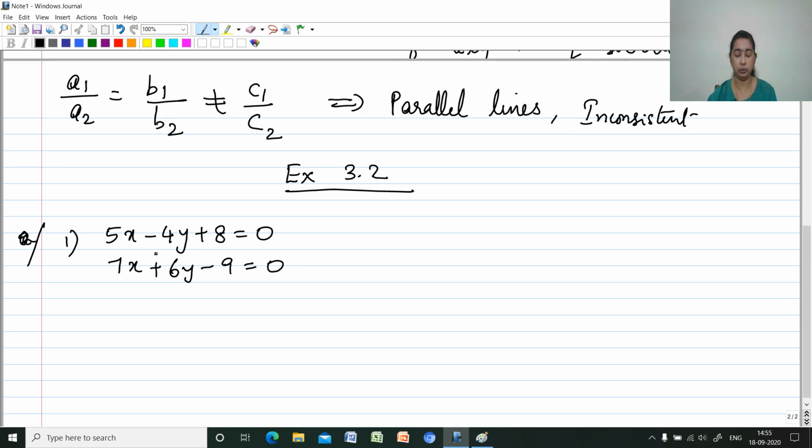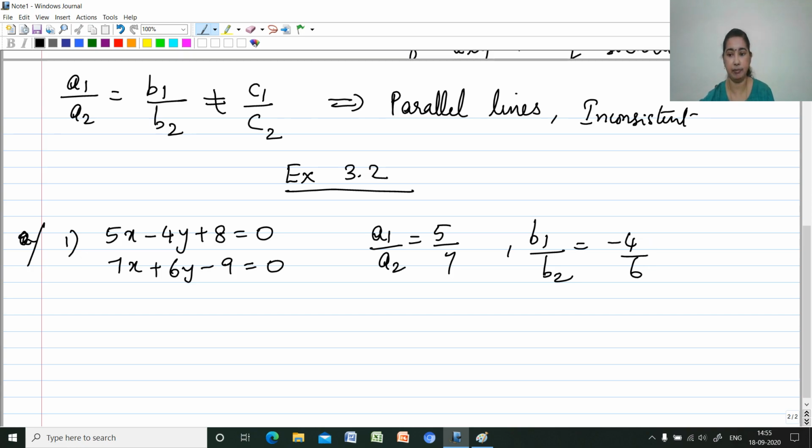So we have two lines here and we can compare them and see whether a1 by a2 is equal to b1 by b2 or a1 by a2 is not equal to b1 by b2. What is a1 by a2? It is 5 by 7. What is b1 by b2? It is minus 4 by 6, which is the same as minus 2 by 3.